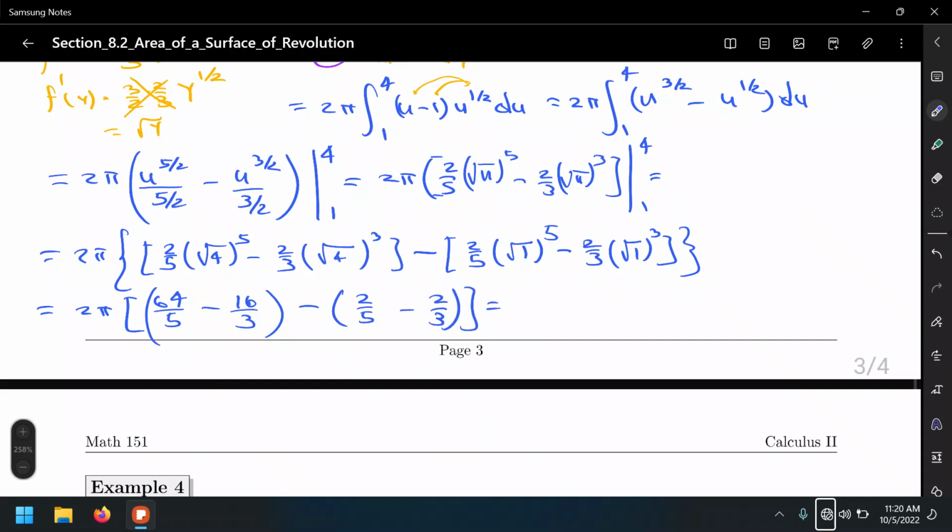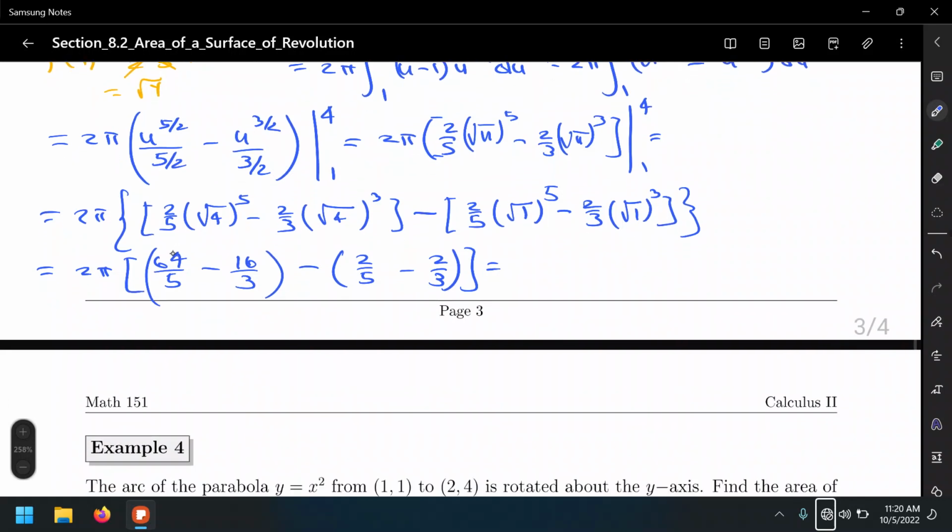Alright, so let's simplify one at a time. I thought I had the final answer here in my notes, but it looks like I'm missing this page, so I'll have to do this by hand. 64 fifths minus 2/5 is 62 fifths. And negative 16 thirds minus negative 2/3, that is plus 2/3, that's negative 14 thirds.